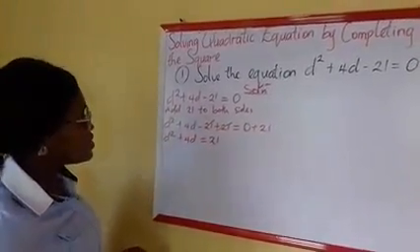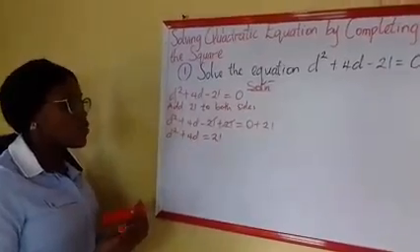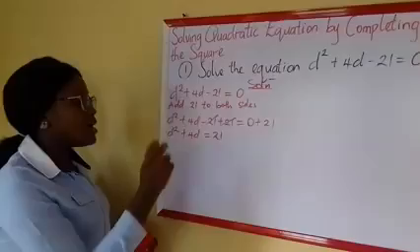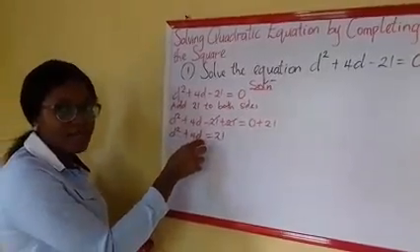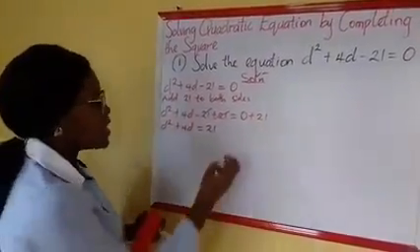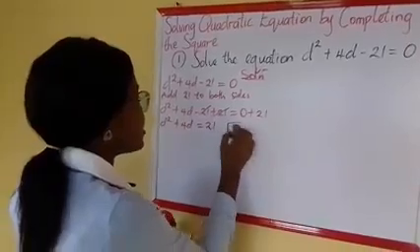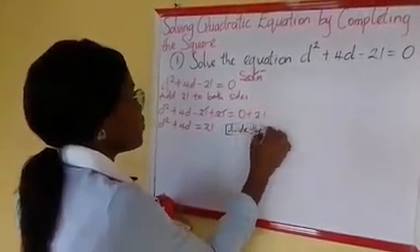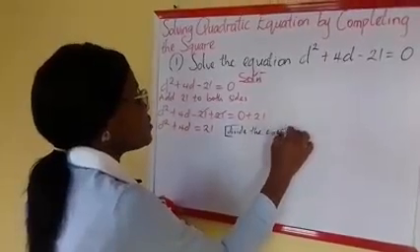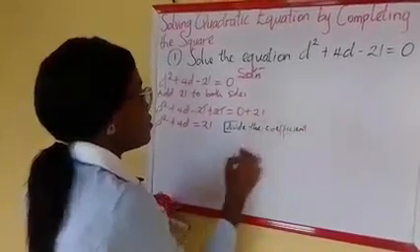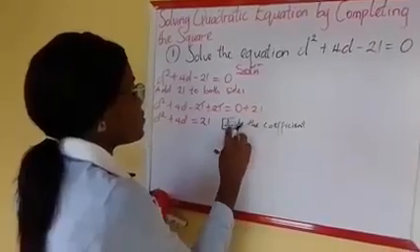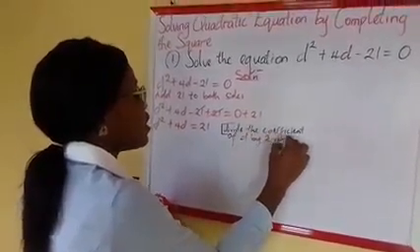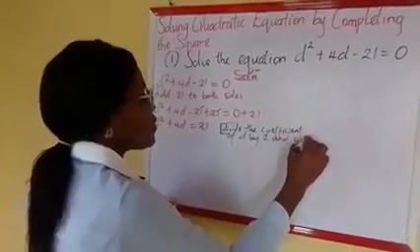Now the next step is this. We are going to divide the coefficient of d by 2 and then square our answer. Divide the coefficient of d by 2 and square.